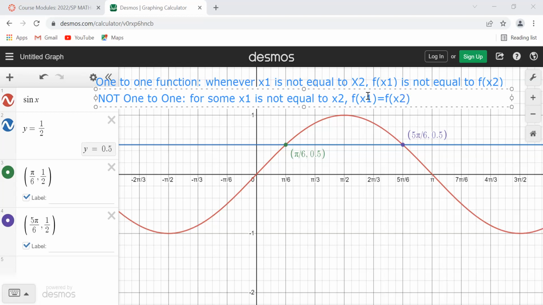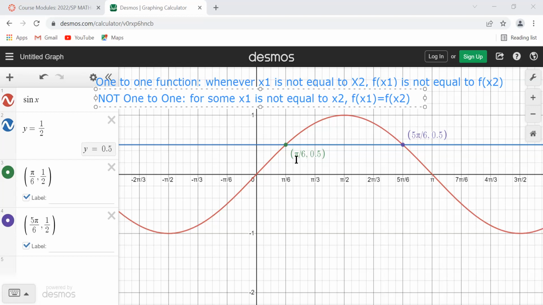So whenever x1 is not the same as x2, f of x1 is not equal to f of x2. Whenever the inputs are different, the outputs are different, and that is violated by some cases. And therefore, it is not one-to-one. I hope that makes sense. So for some x1 not equal to x2, f of x1 is the same as f of x2.